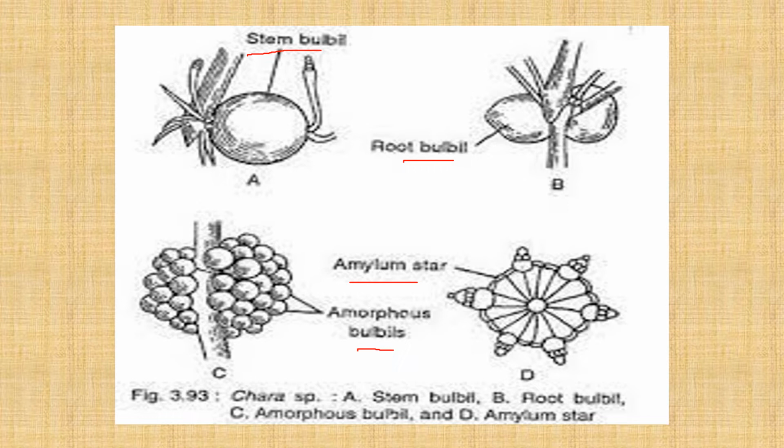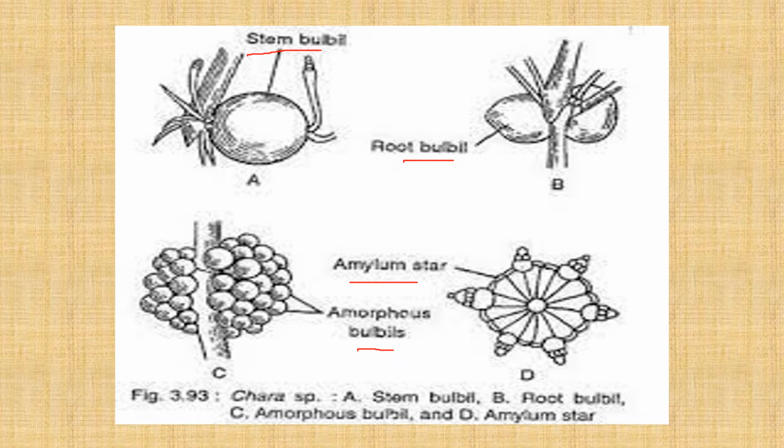So naturally it should be very resilient, and Chara can grow in very low nutrient oligotrophic to mesotrophic water. It can grow in hard water, it can grow in alkaline water, and it is also tolerant to a bit of salinity also.